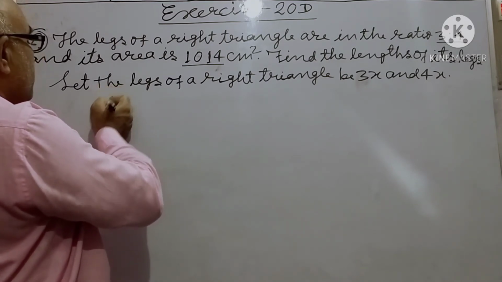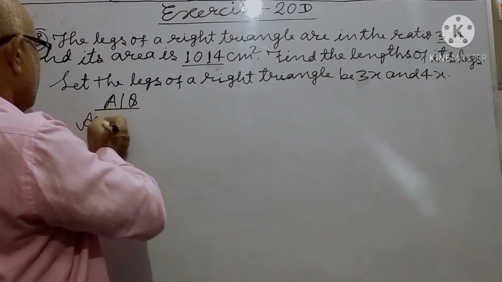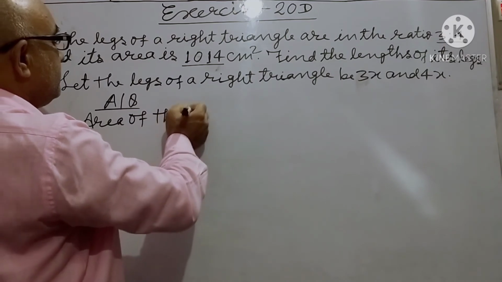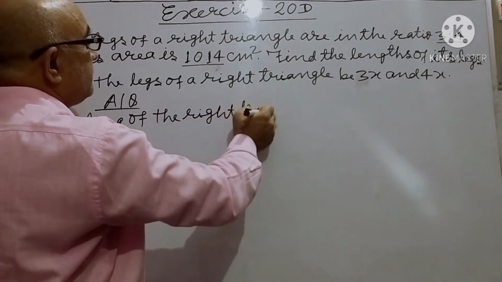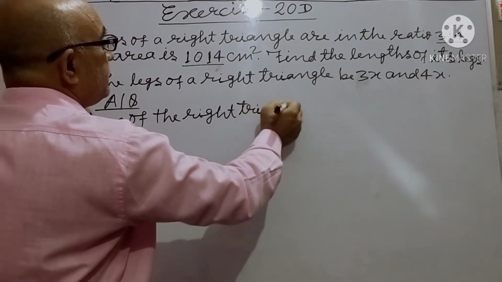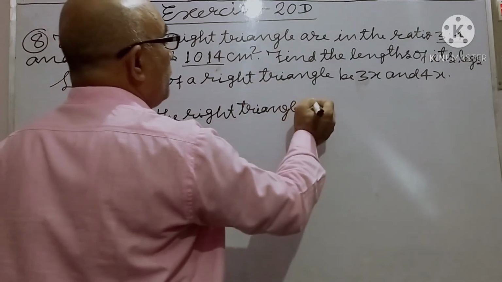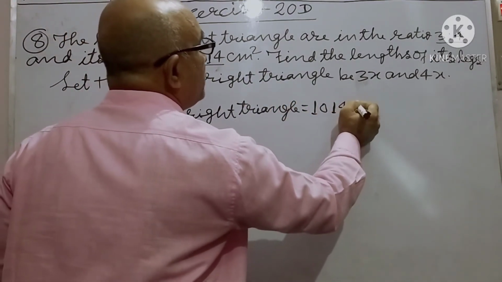According to question, area of the right triangle equal to 1014 cm square.